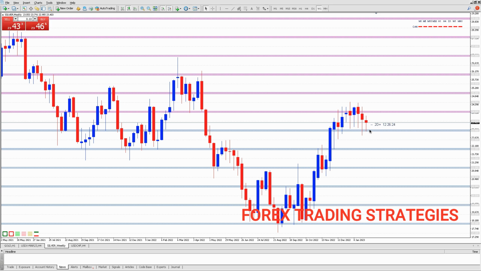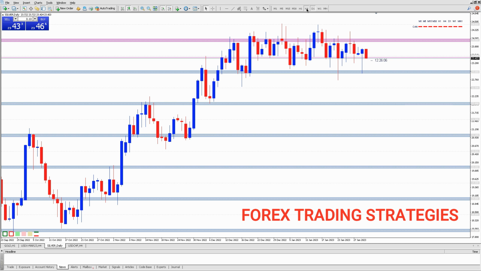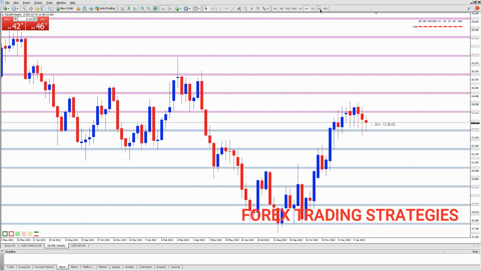What am I seeing here? These are some of the things that I love to look for. I love wicks. I love candles with tails, especially if they are on a higher time frame, usually daily, 4 hourly, and weekly.